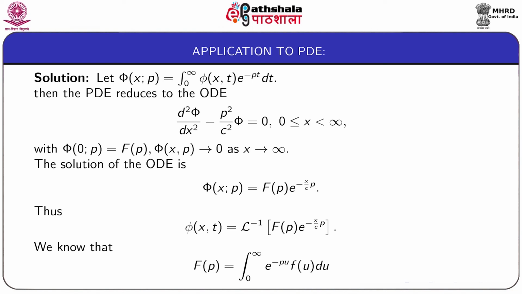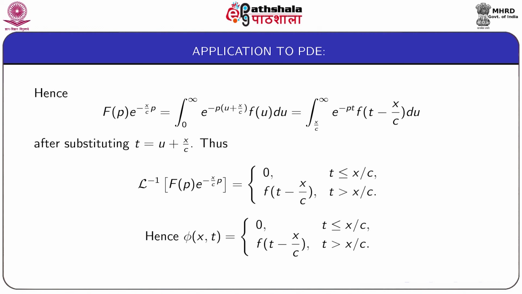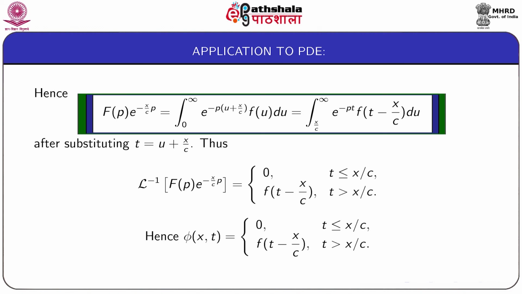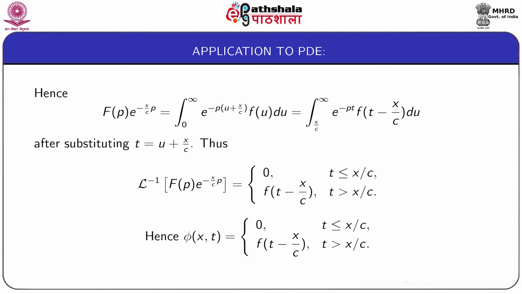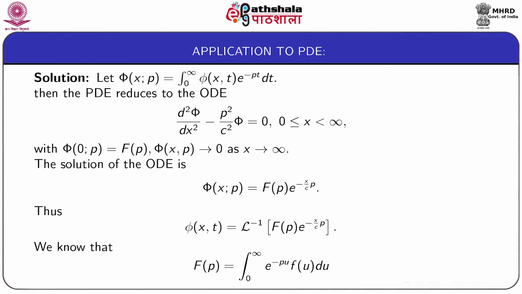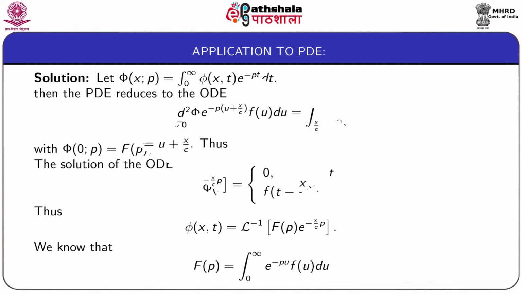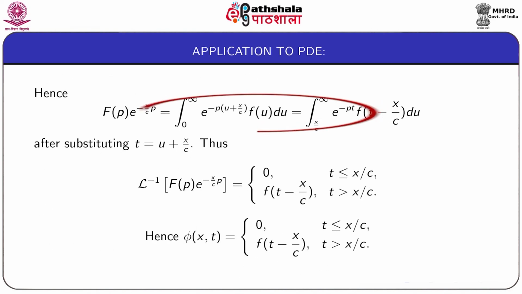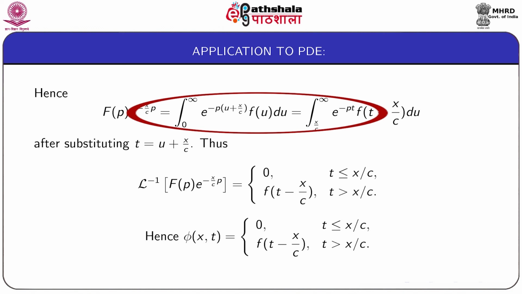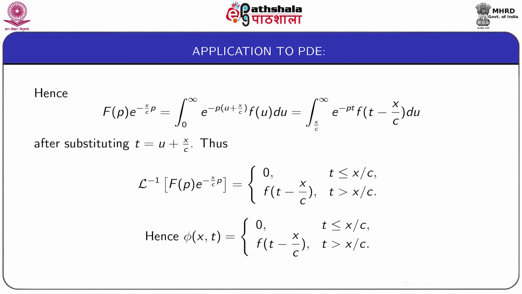Now capital F(p) is the Laplace transform of small f(t), and we know that capital F(p) is equal to integral from 0 to infinity e to the power minus pu small f(u) du. Hence, capital F(p) times e to the power minus x by c p, substituting the value of capital F(p) from here, can be written as integral 0 to infinity e to the power minus p(u plus x by c) small f(u) du.